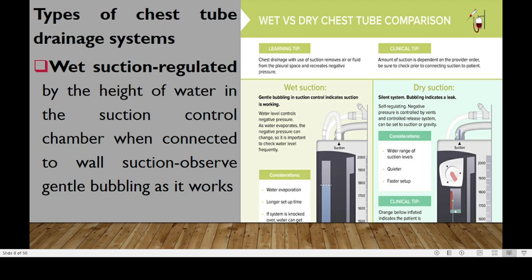So when you're having this type of chest tube, you need to observe for gentle bubbling as it works. Remember, gentle bubbling in the suction control will indicate that the suction is working. So the water level controls the negative pressure. As water evaporates, the negative pressure can also change, so it is important to check the water frequently to avoid such.